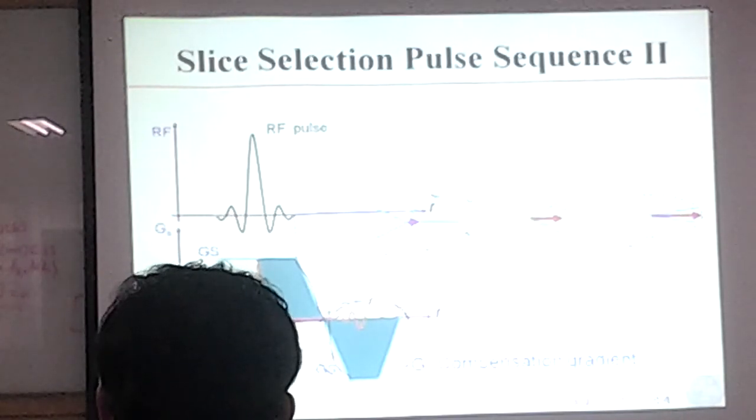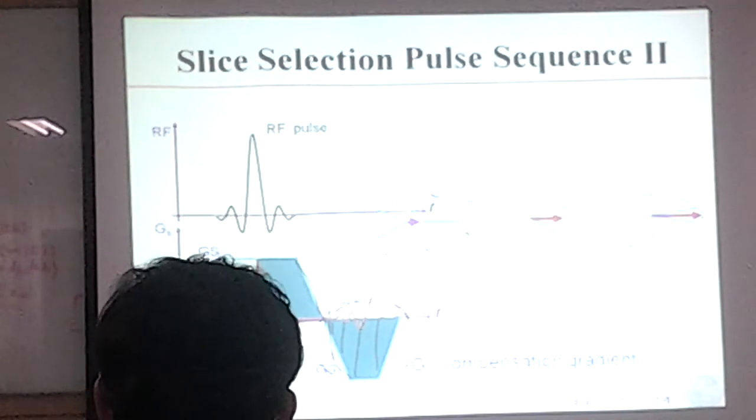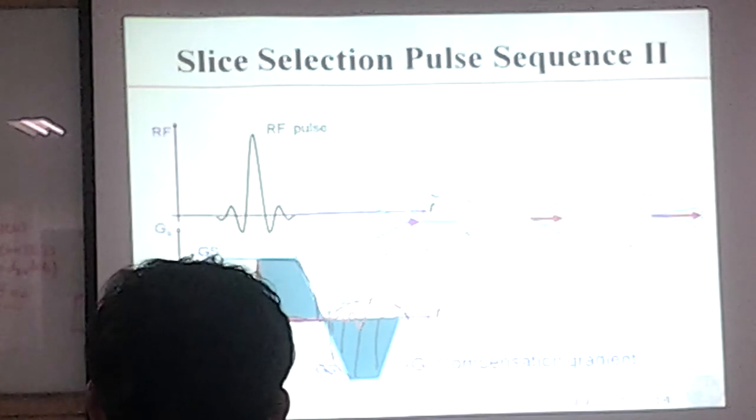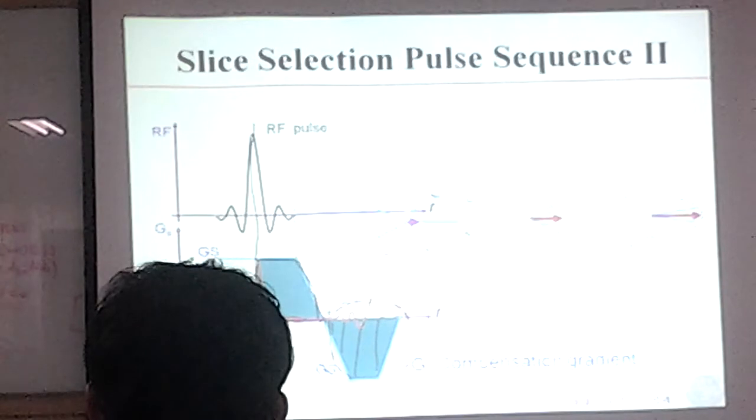So how can we control the compensation gradient? Usually, the area of the compensation gradient is the same as the area of the gradient pulse here, from the peak of the RF pulse to the end of the slice selection gradient.